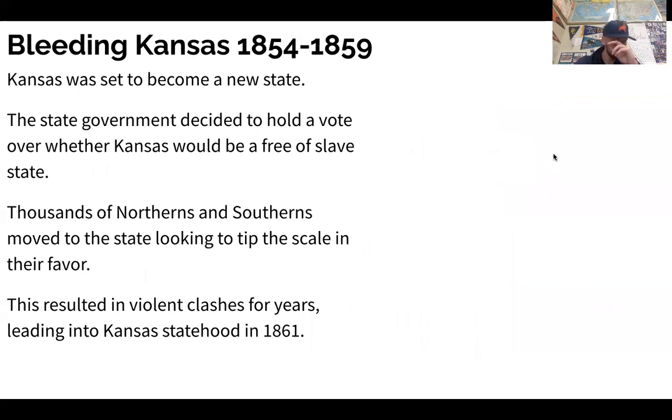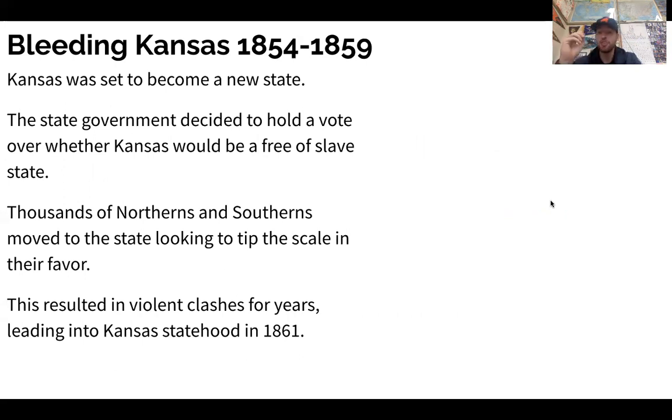Now we get to the event known as Bleeding Kansas. This was a period of time that existed from 1854 to 1859. We're getting pretty close to almost the Civil War at this point. Kansas was set to become a new state. The state government decided to hold a vote over whether Kansas would be a free or a slave state.